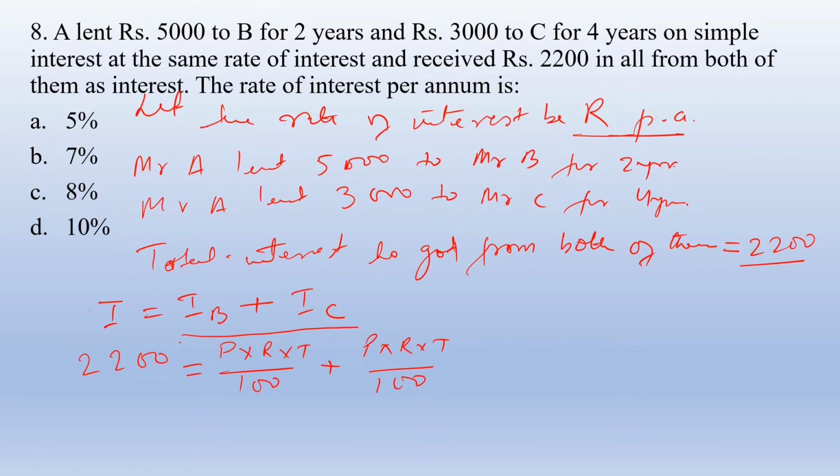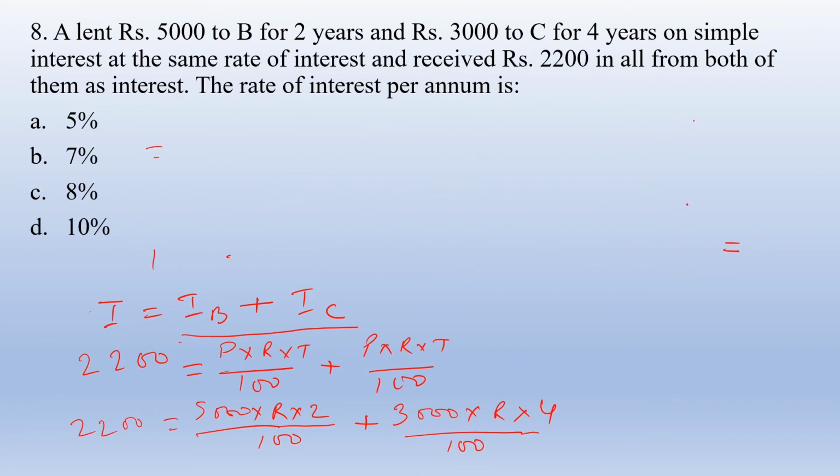So we just have to write the data. For Master B, the principal is 5,000, the rate of interest is R, and the time is 2 years, divided by 100. And for Master C, the principal he gave is 3,000, the rate of interest is R, and the time is 4 years, divided by 100.